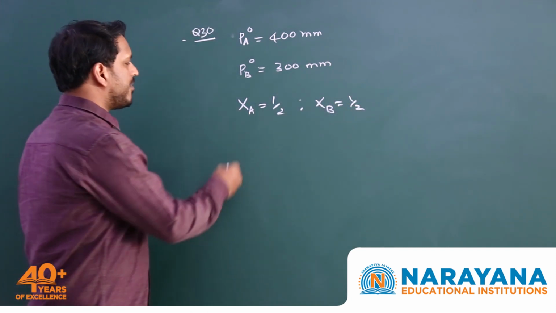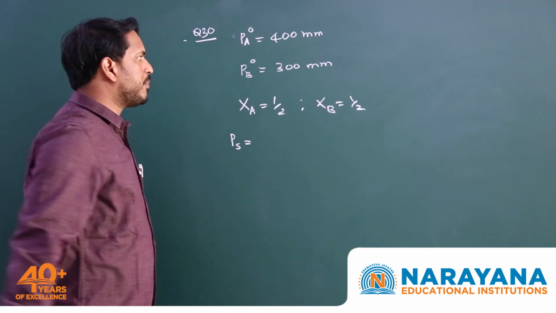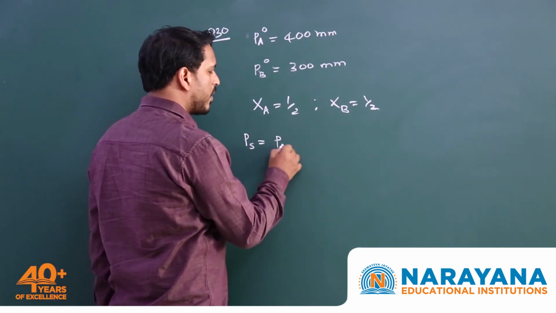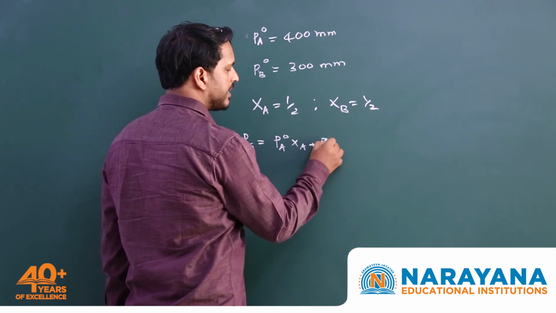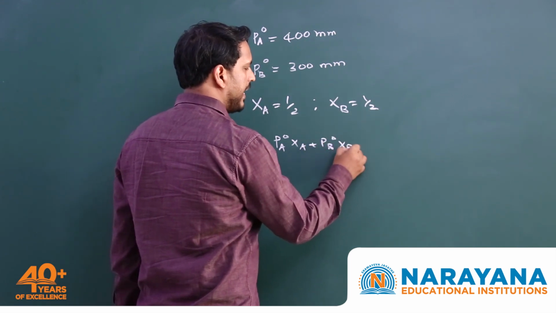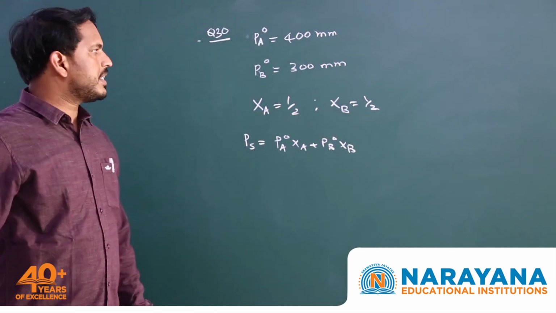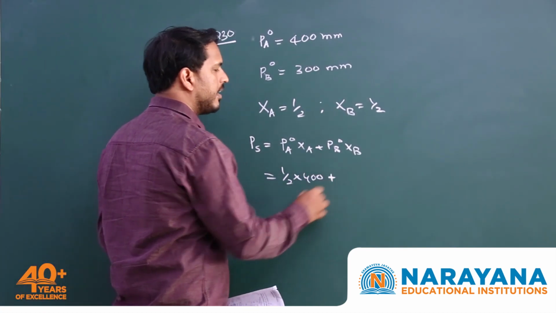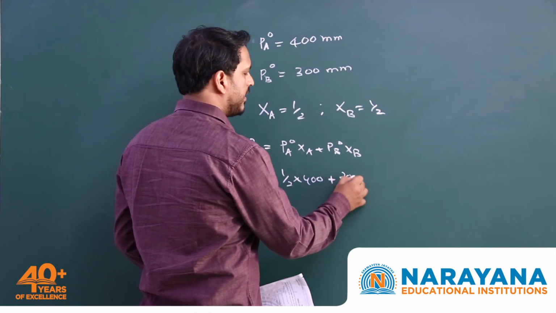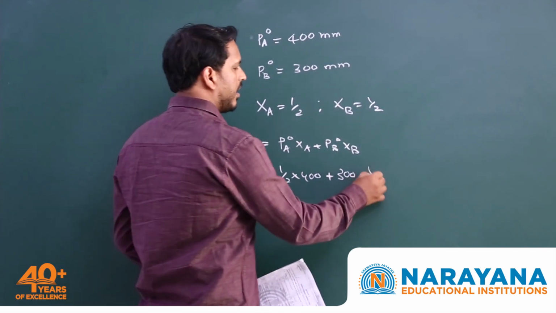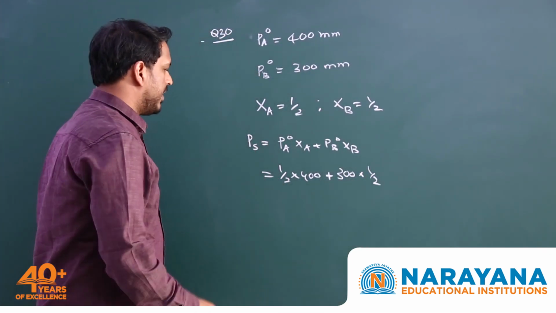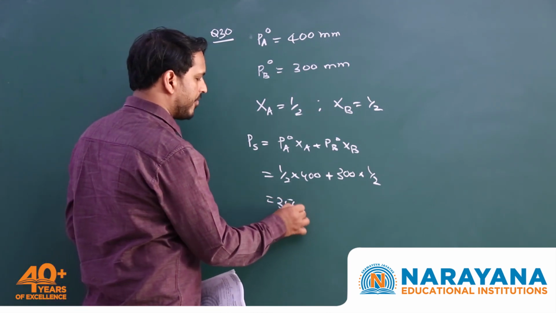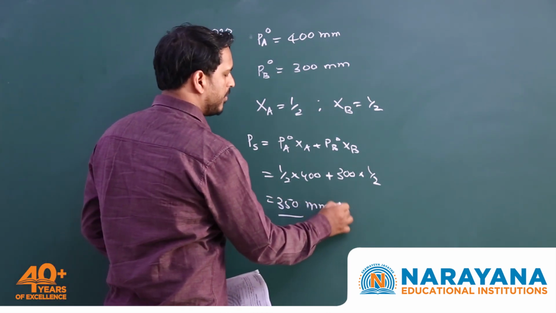Now, according to Raoult's law, the vapor pressure of the solution is PA0 XA plus PB0 XB. On substituting, PA0 is 400, XA is half, PB0 is 300, XB is half. So we get the vapor pressure of the solution as 350 millimeters of mercury.